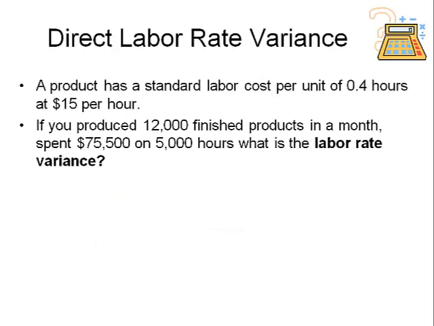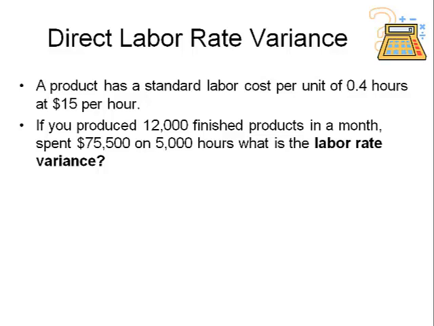So let's do one together. Let's say that a product has a standard labor cost of 0.4 hours, that's the quantity, at $15 an hour, that's the rate. So if you made 12,000 finished products in the month and you spent $75,500 on 5,000 direct labor hours, what's the labor rate variance? So now we have more information than what we need, so we've got to dig out what we need.